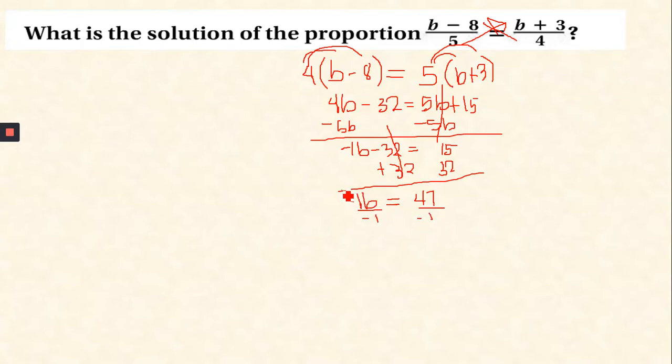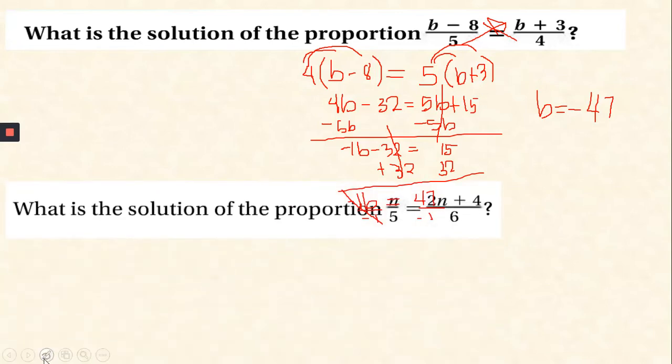Negative 1 divided by negative 1 is 1. So b now is equal to 47 divided by 1, that is 47. Positive divided by negative will be negative. Okay? Any question about that one?